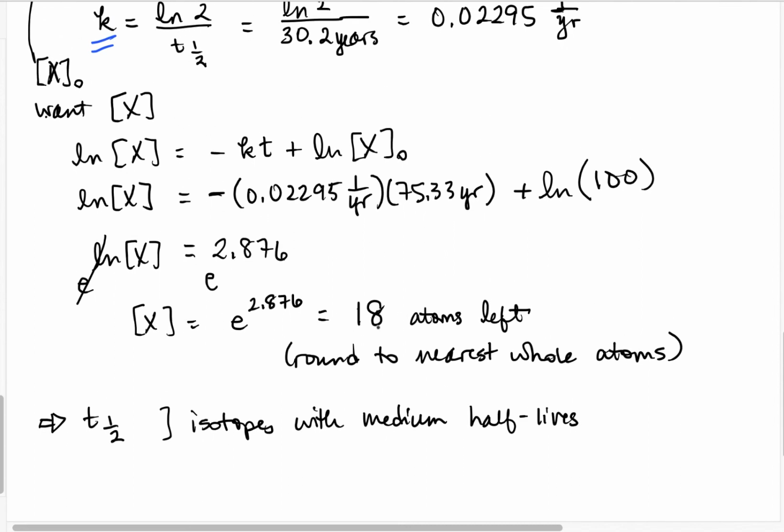So 18 atoms left doesn't sound like a huge amount, but that's still almost 20% of the sample after 75 years. And 75 years is about as long as most people will live. So this isotope is not going away during someone's lifetime.